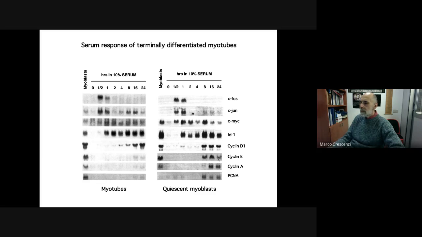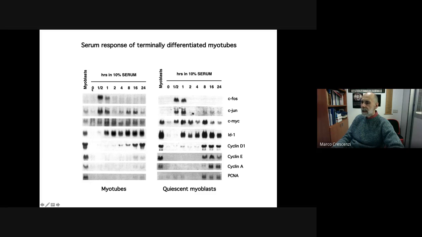So we stimulated both myotubes and myoblasts with 10% serum, the source of growth factors I've already talked about. And then by Northern blot, we investigated the expression of a number of genes at various times after the beginning of the stimulation.